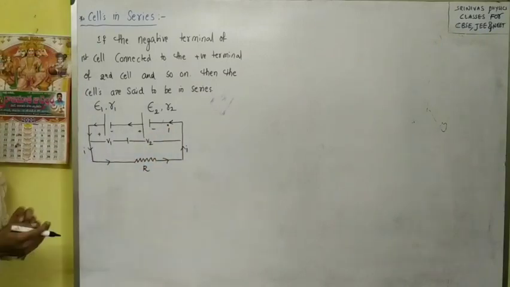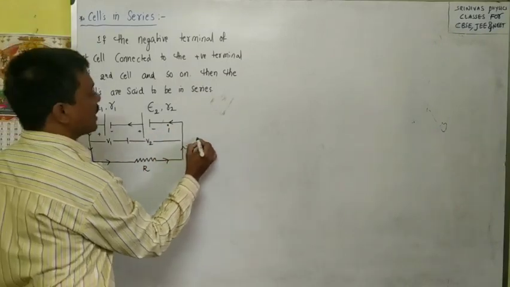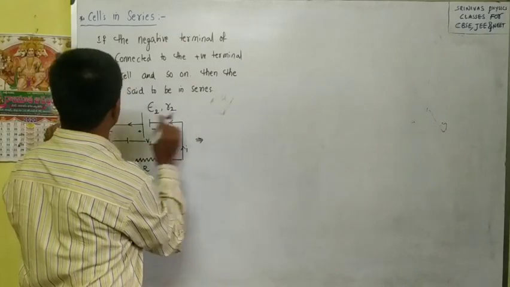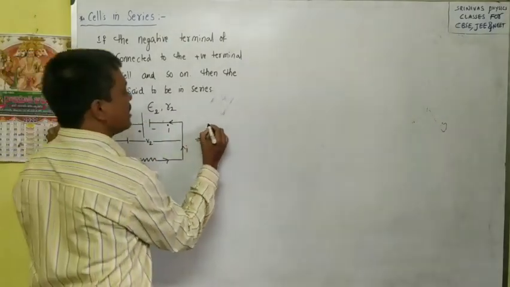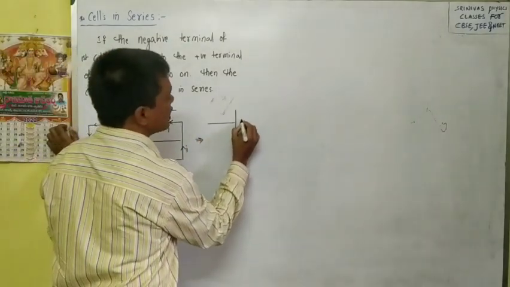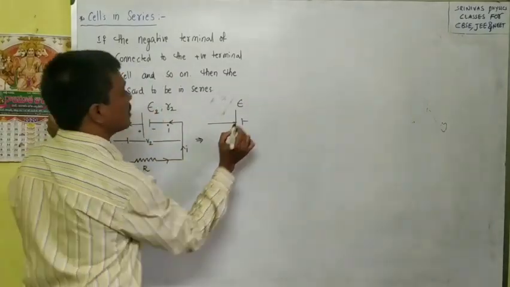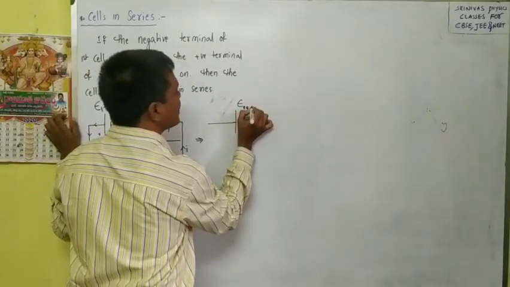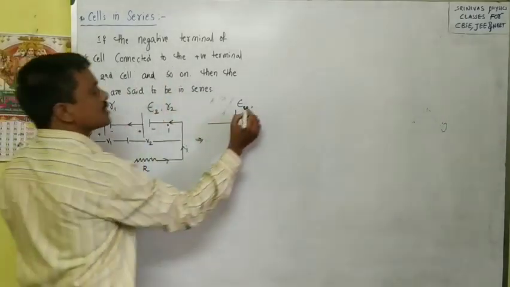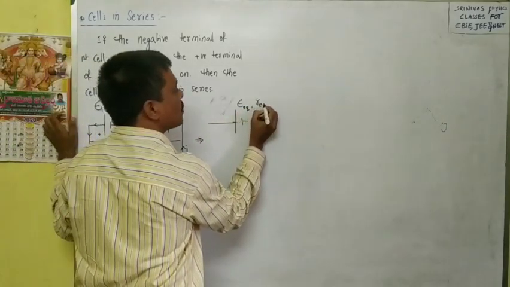Okay, and now let us see the equivalent diagram for this. I will draw. If these two cells act as one cell, its EMF is E equivalent and its total internal resistance is R equivalent.